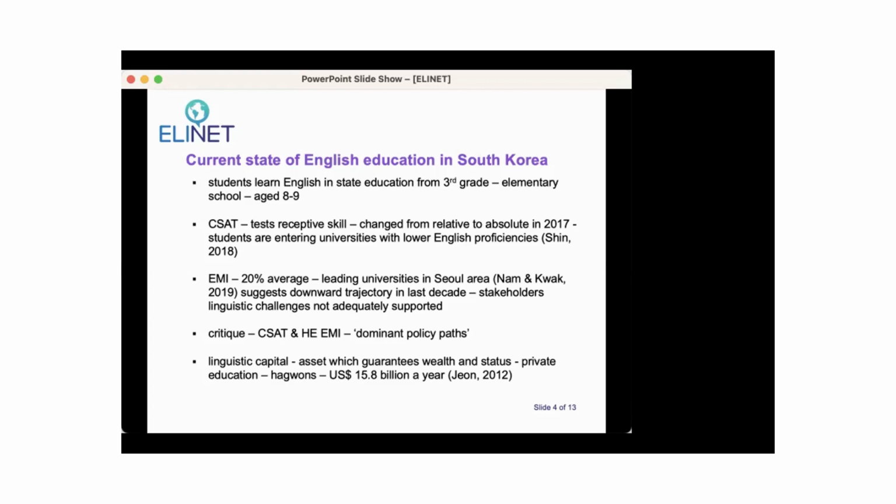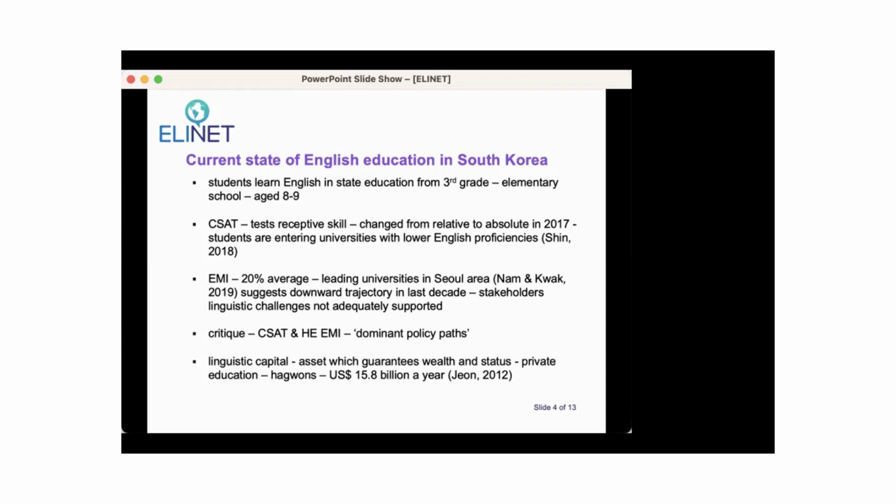Over the last decade, this reflects a downward trajectory, partly spurred by changes in government funding policies and ranking criteria, and also reflective of the fact that stakeholders' linguistic challenges are not being adequately supported.